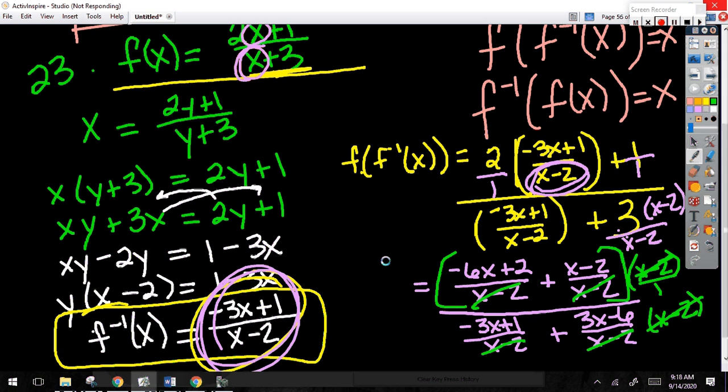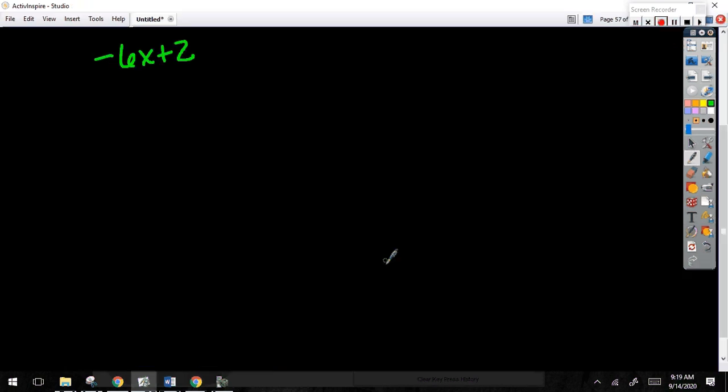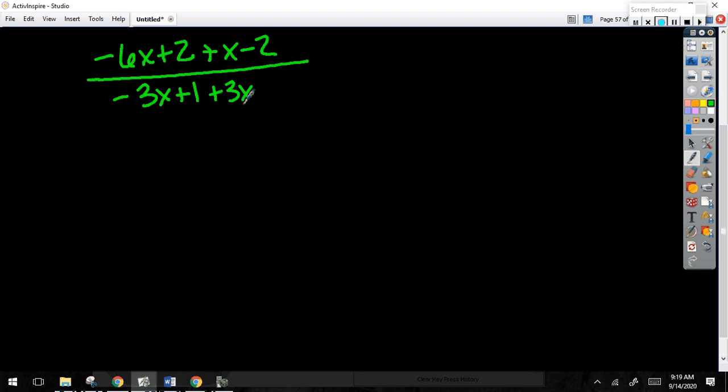Up top I have negative 5x, yep, over negative 5. Look at there. Can you believe that nastiness simplified down to x? And we have to do it all over again?